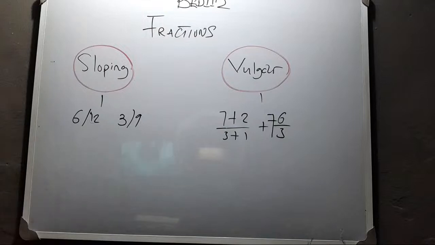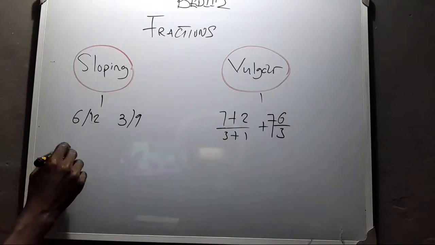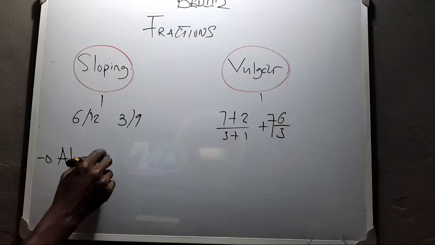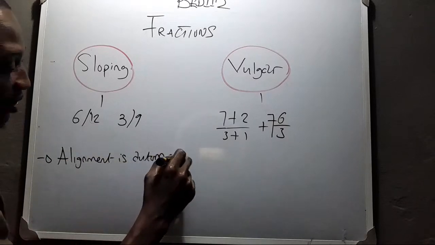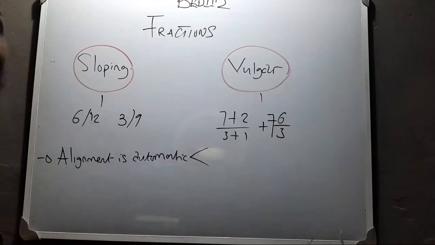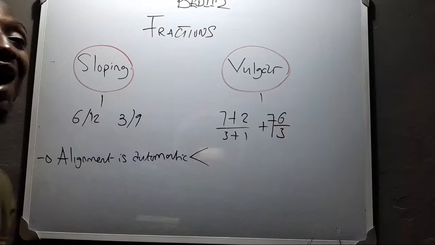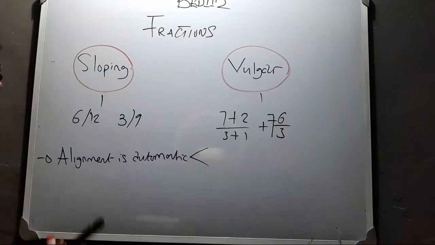Now we have enumerators, which are Arabic and Roman. We also have the fact that alignment is automatic. Please note that on the system, alignment is automatic. That is why, when you are typing the very first letter of a word in a paragraph, it automatically changes to a capital letter.